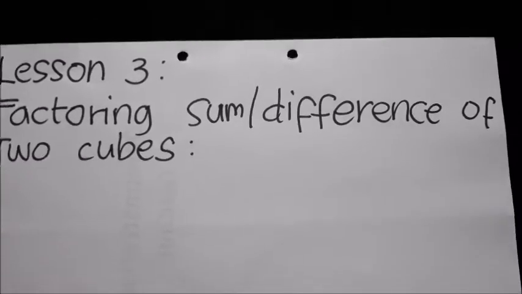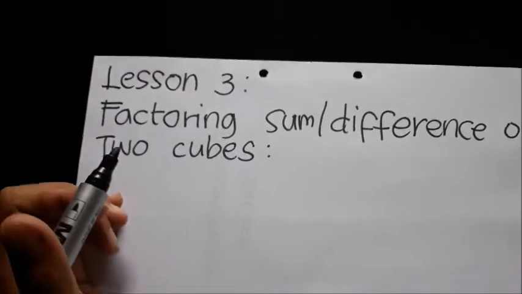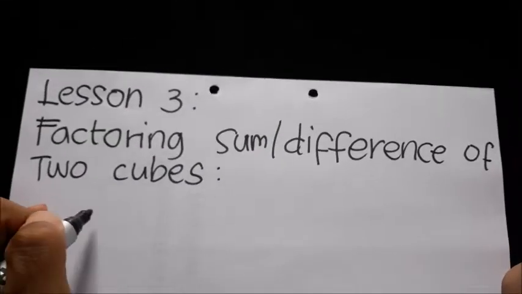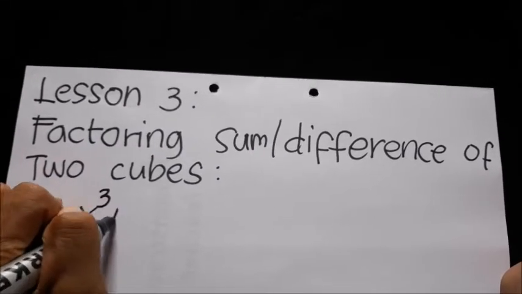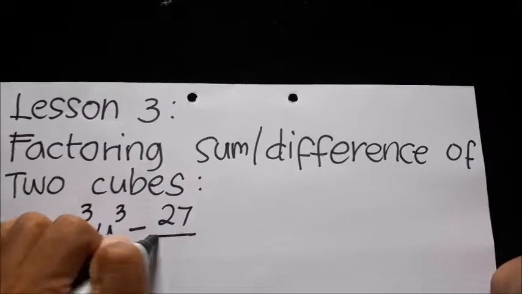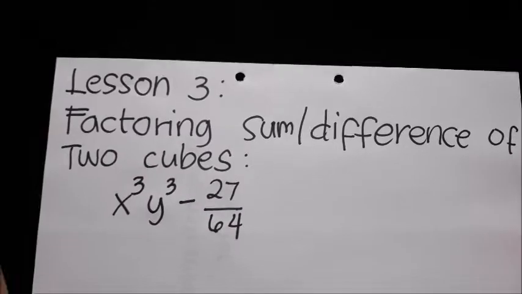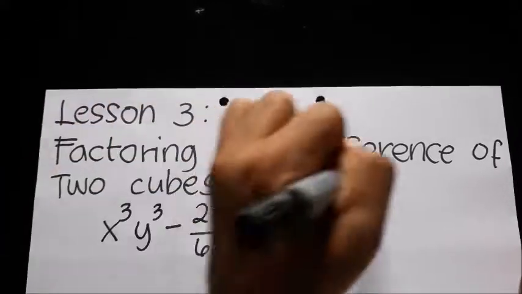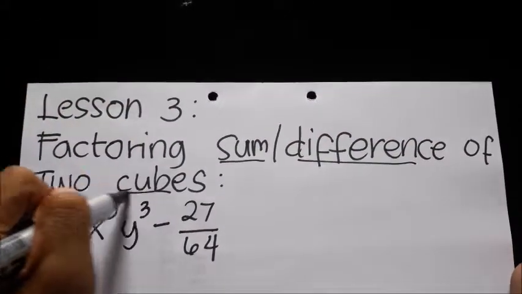Lesson 3, factoring sum or difference of two cubes. Let's say the given is x cubed y cubed minus 27 over 64. So sum or difference of two cubes.